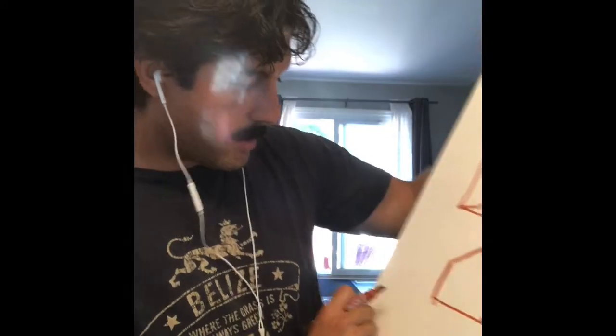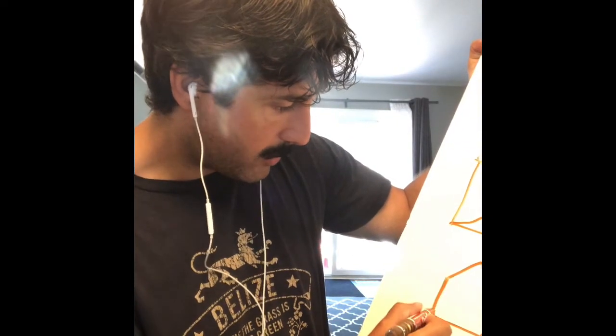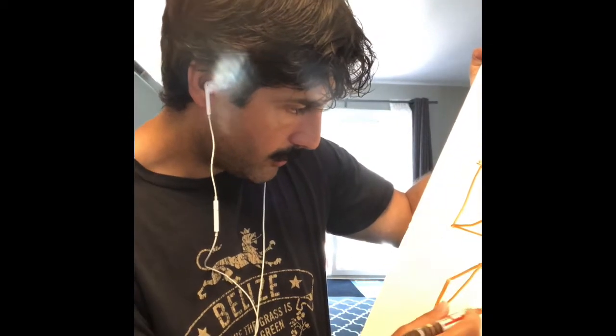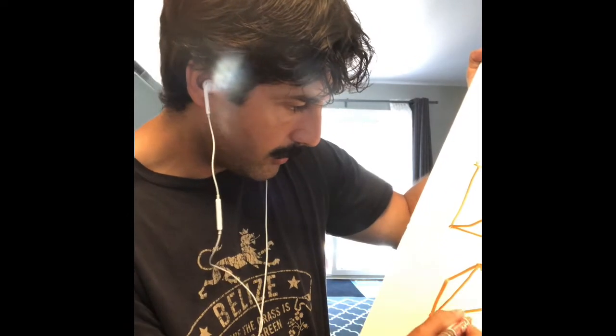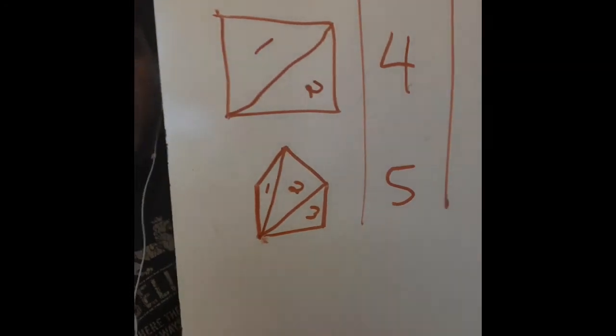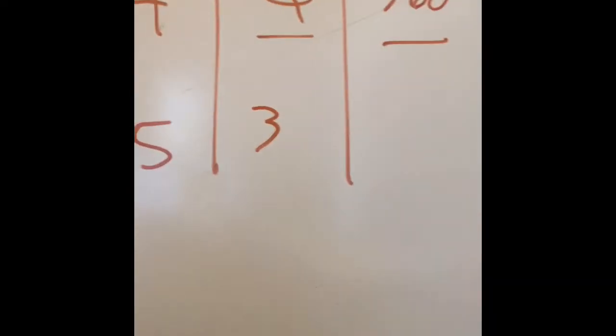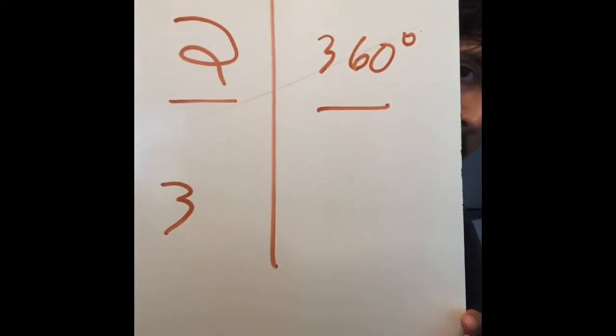Taking a look here, if I started in this corner, I can't go to that corner, but I can go up here, create 1 triangle. I can create 2 triangles, 3 triangles. 1, 2, 3 triangles. So I've created 3 triangles this time. So that's 3 interior triangles. And the angles is going to be 180 times 3.